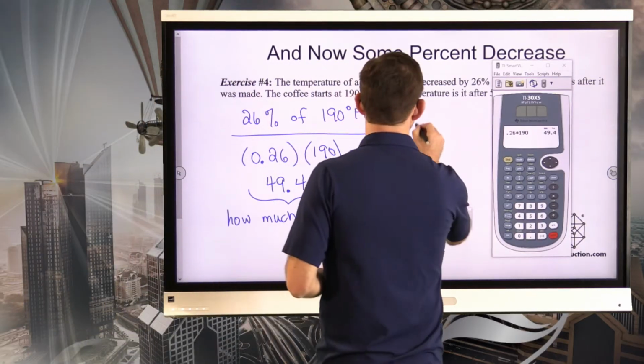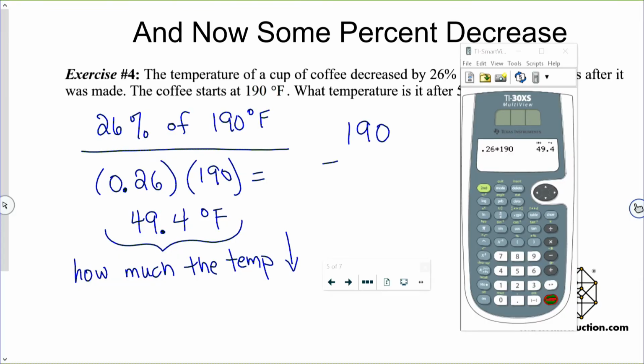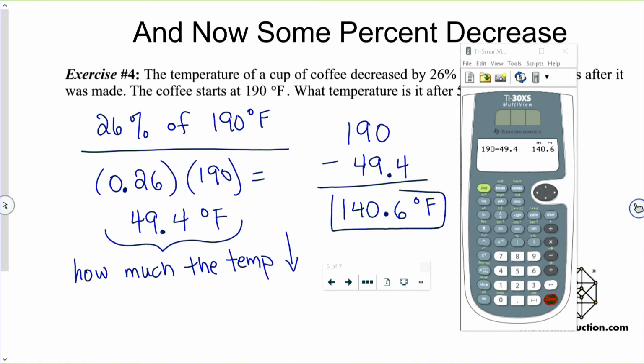That's going to be easy enough. 190 minus 49.4. Again, we're going to just do this using our calculator. Here we go. 190 minus 49.4, and that's going to give us 140.6 degrees Fahrenheit. So there's our temperature after 5 minutes.